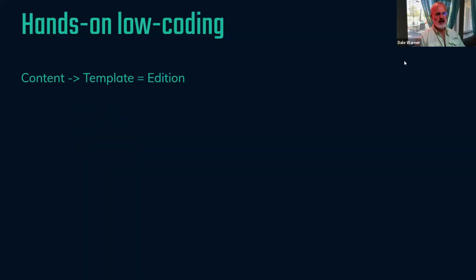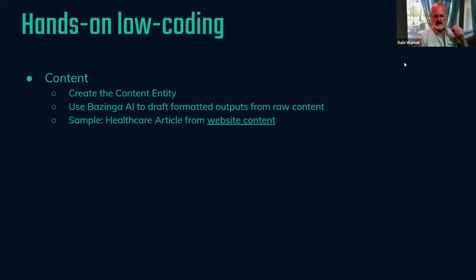The main concept is that content is injected into a template and is built up into an edition. Pretty easy stuff to do with low code, and that's what we're going to talk about.